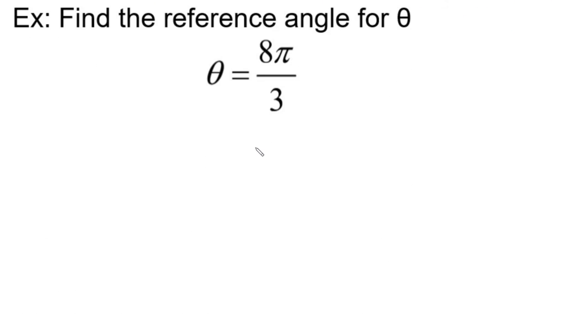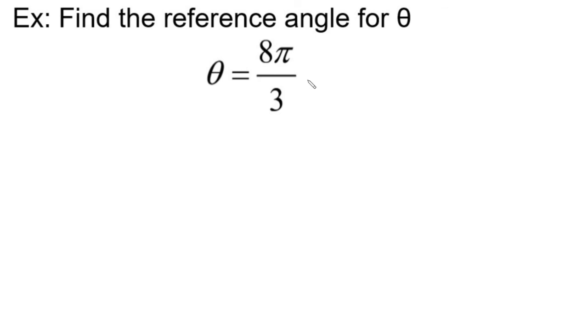Now, find the reference angle for theta when theta is 8 pi over 3. Well, 8 pi over 3 is currently more than 2 pi. It's more than a full rotation.